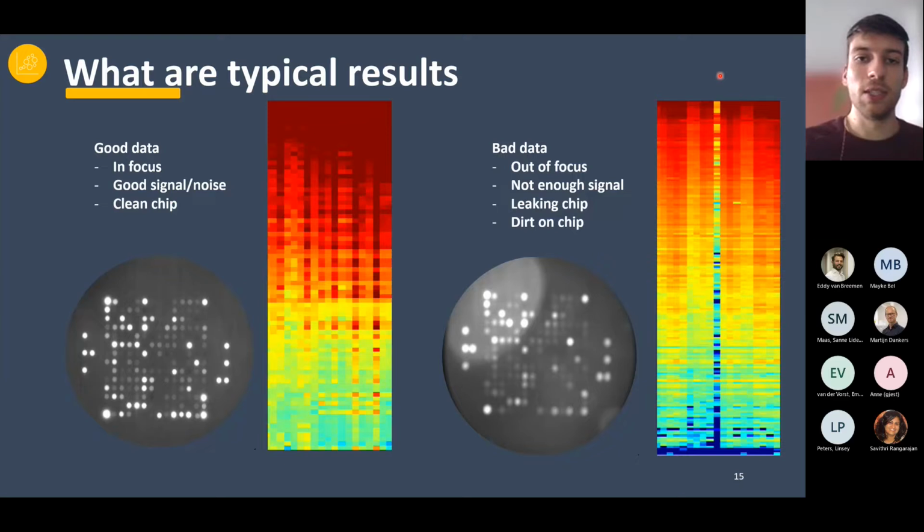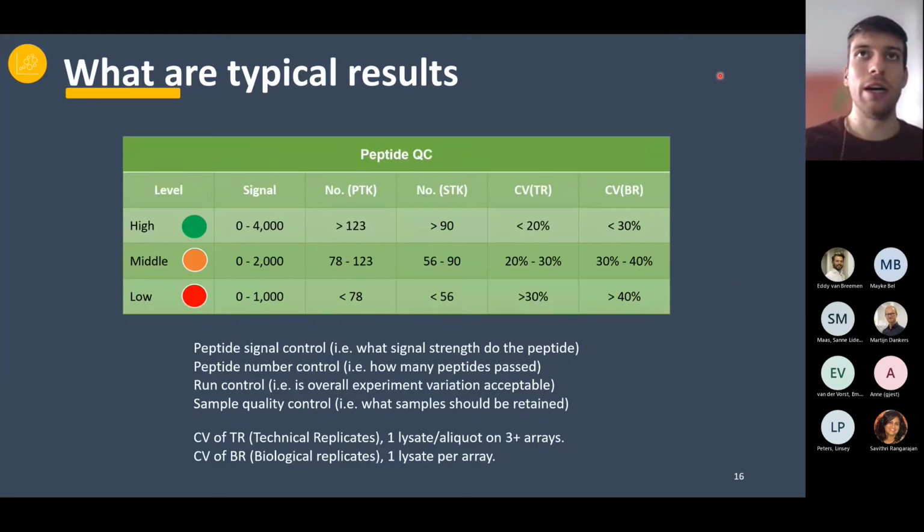To facilitate this, we also have a peptide QC method. If you've ever seen a report from us, this is also well described. What I mean by this is that we have a flag system indicated by the 3 colors here that also indicate the strength of your data.